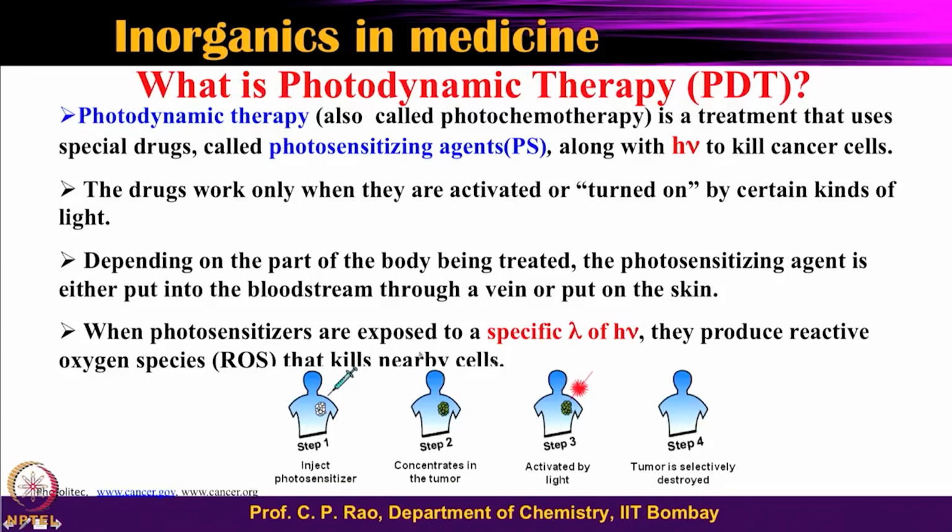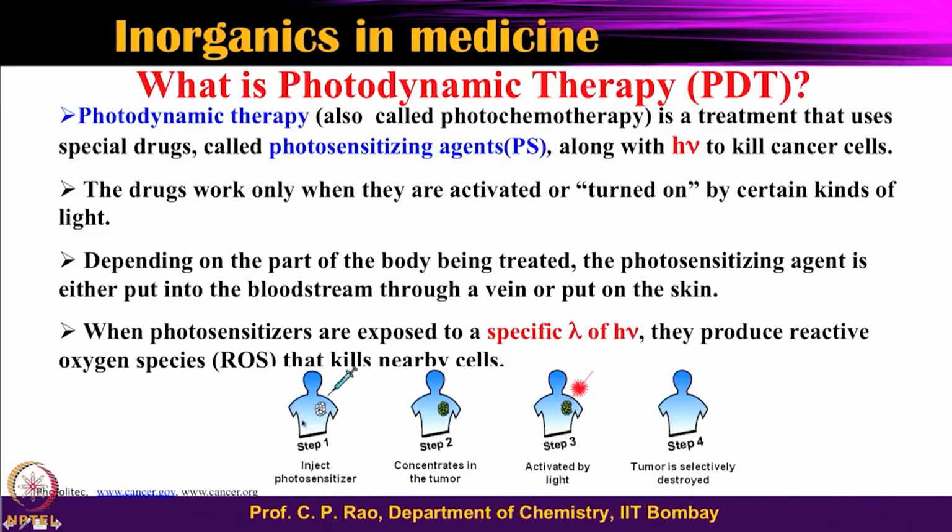All these are called reactive oxygen species, which I have already explained earlier when I talked about the superoxide dismutase enzyme and catalase enzyme. And this will bring death to the cells.